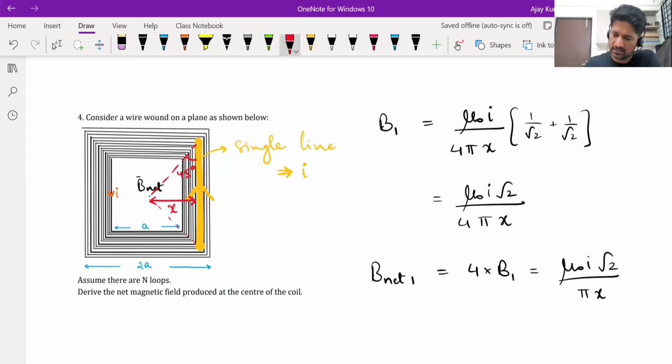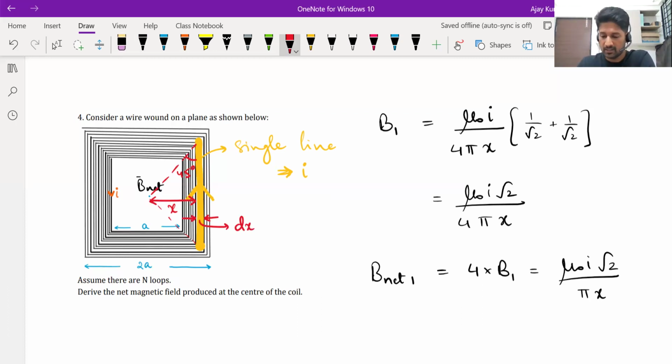If that distance is x, then this region or this strip, you can assume, has a thickness dx. I'll write it on the side. This thickness of the strip, the yellow strip that is there, you can call it dx.